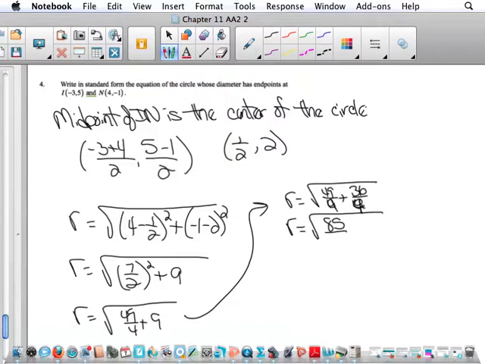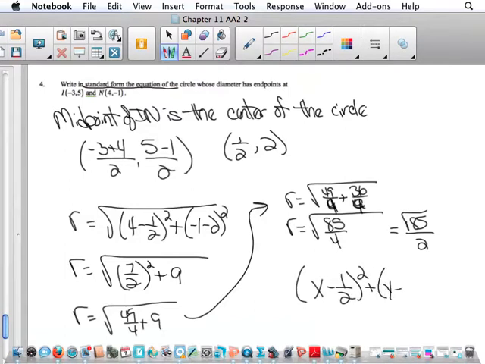So the radius is equal to the square root of 85 over 2. You're asked for the standard form of the equation. So that is (x - 1/2) squared plus (y - 2) squared equals 85/4 for number 4.